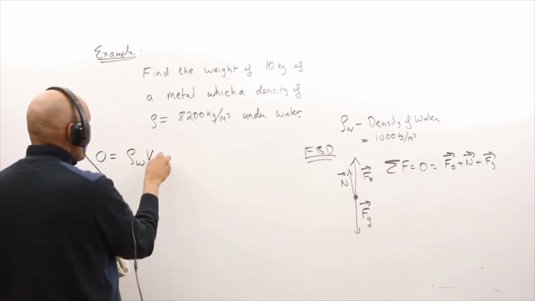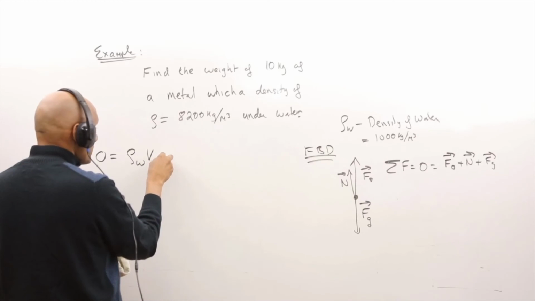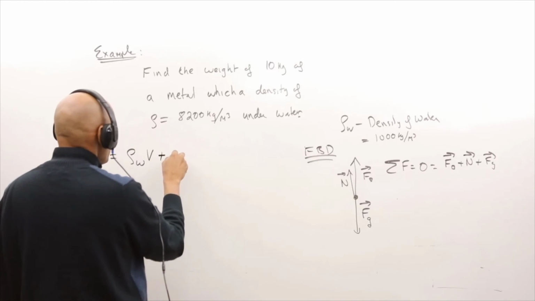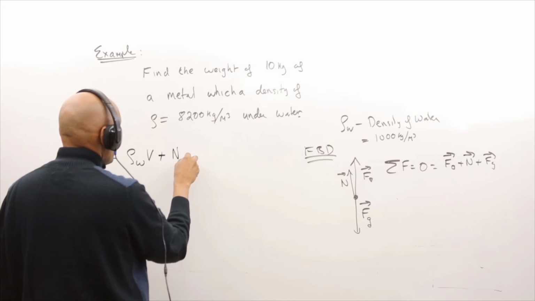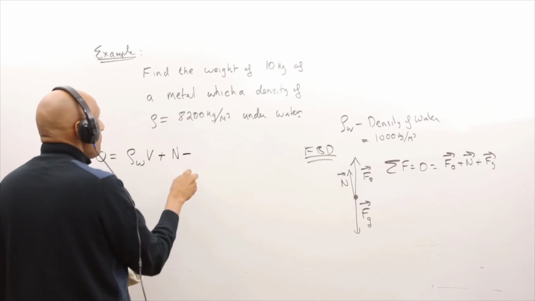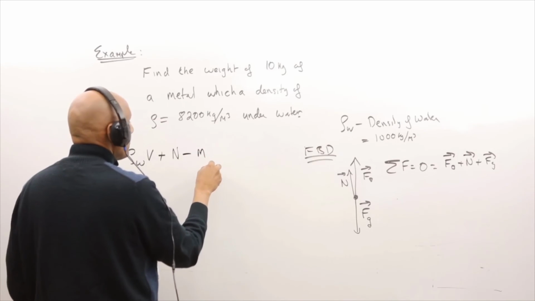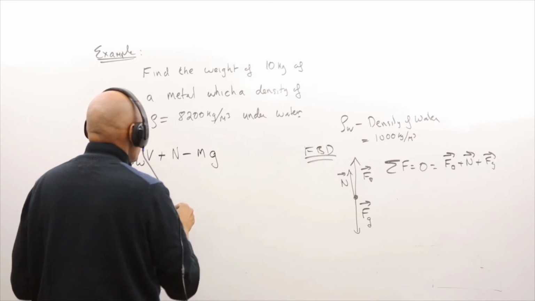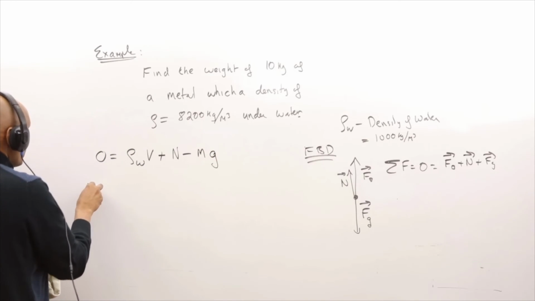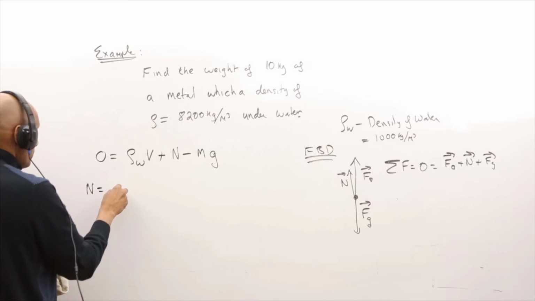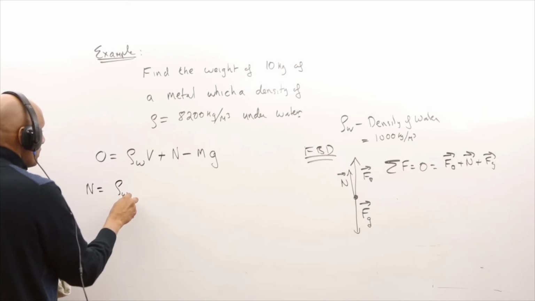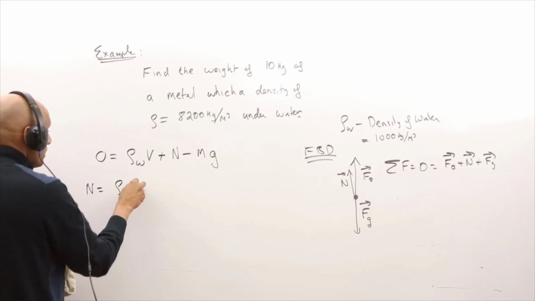and the normal force, that's what we're trying to calculate, the normal force is acting up, so that's plus N, minus the mass of the object, m, and pulling down, mg. So we can say that the normal force is equal to mg minus the density of water times the volume of the object.